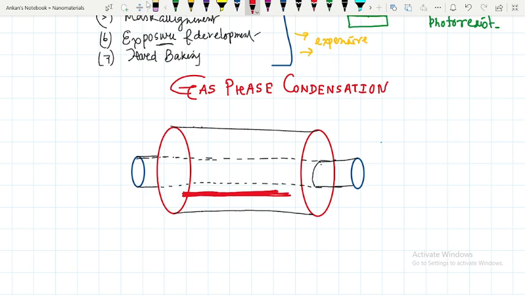Let me draw the figure so that it will be better to understand what I am going to discuss. Without writing, the drawing is very much necessary in this process.